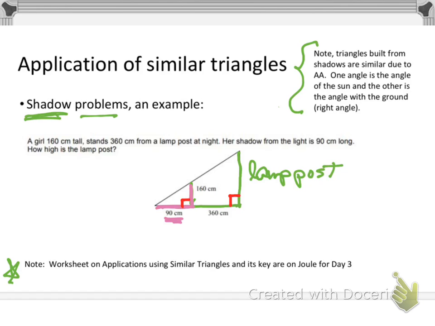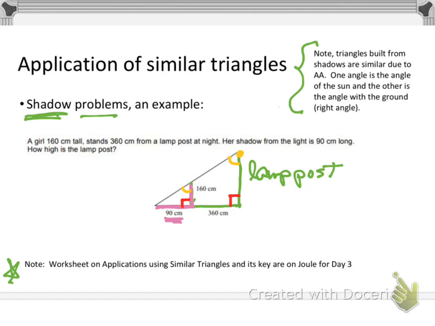That's one angle you have in common. Okay, so that's one of them. Second angle. This is the angle that the lamppost makes, the light makes with the ground. Okay, the lamppost shines, so here's the little shining. It shines and hits the ground at that angle. When it gets to the girl, it hits the ground at the same angle. So that's your second angle that you have in common.